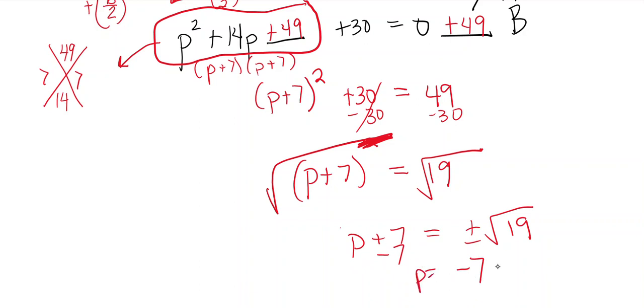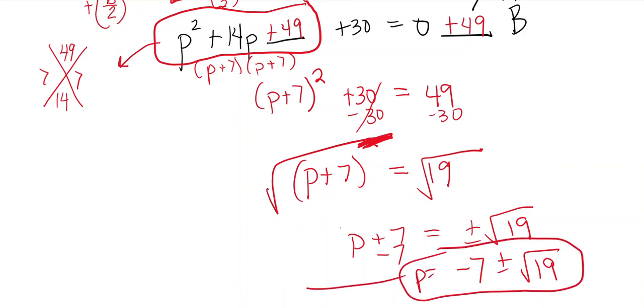So p is equal to negative 7 plus the square root of 19, and p is equal to negative 7 minus the square root of 19. And these would be my exact solutions. And I could do the computation and get a decimal rounded to whatever if I wanted to come up with some kind of estimate for those two values.